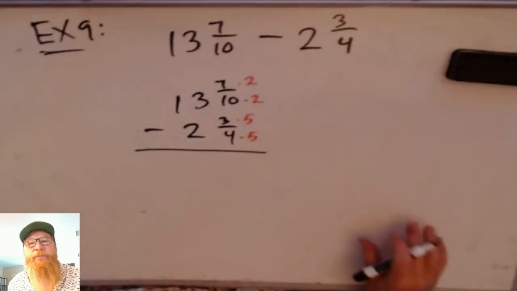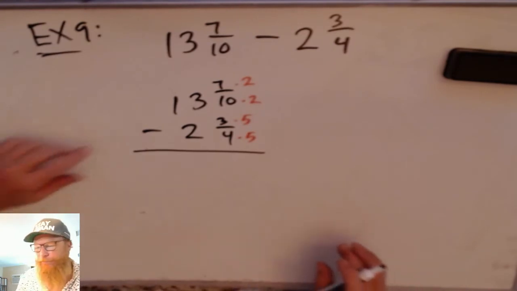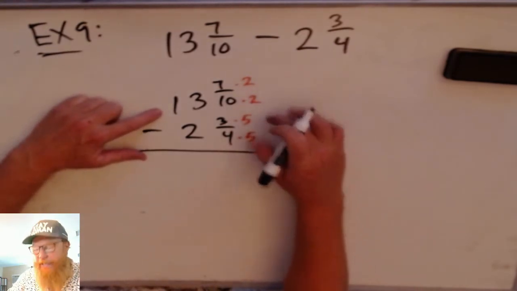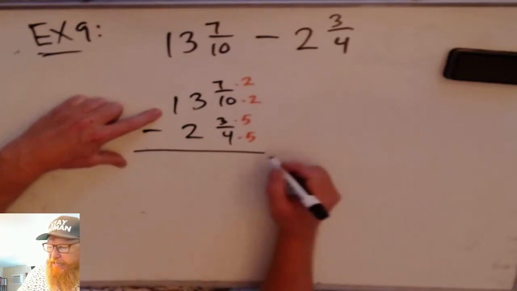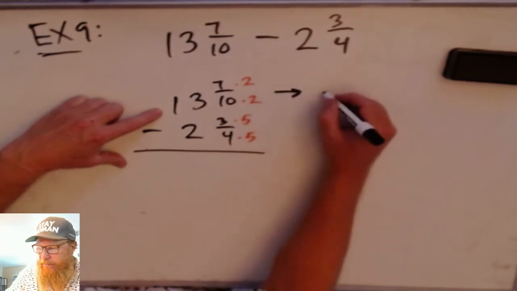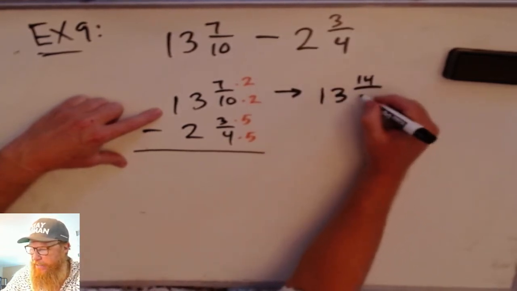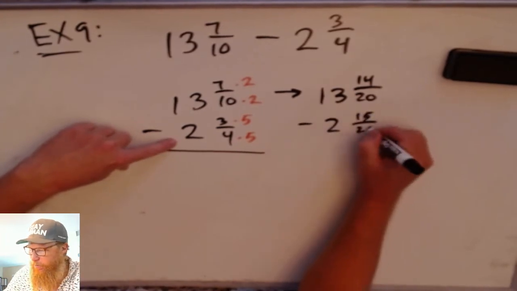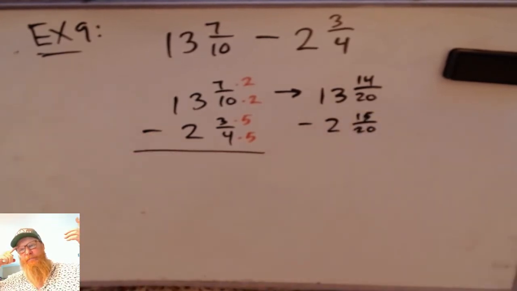All right, well, I don't know. Don't stop me now. All right. So this is going to be 13 14/20, and then 2 15/20. Oh, we have to borrow again.